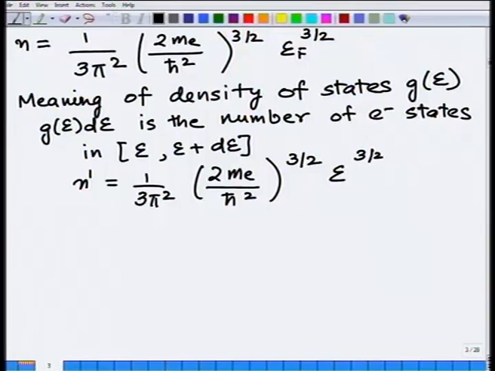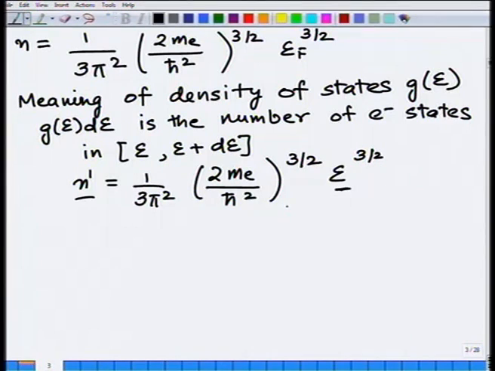But you could think slightly differently: up to energy E, I can fill a total of n prime electrons. And if I go slightly higher by dE in energy, then I would have filled n prime plus dn prime electrons, and we are seeking that extra number of electrons. If we can calculate that number, then we can immediately define our G(E).